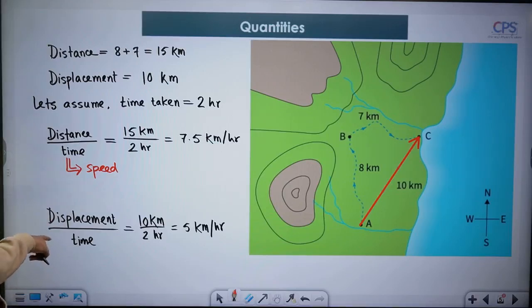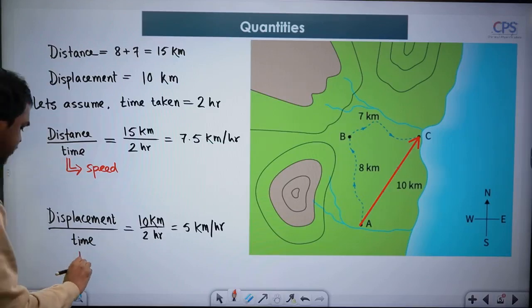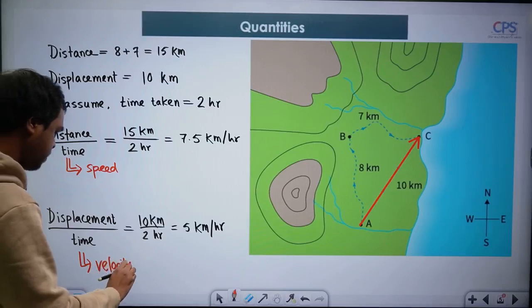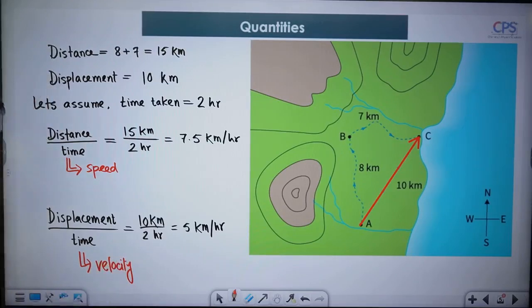And the rate of displacement covered by a particle is called velocity. So velocity is the rate of displacement and speed is the rate of distance covered. Okay, so these are 2 different things.